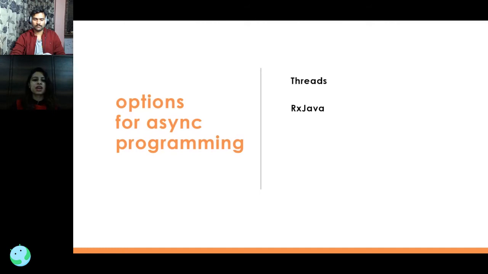Then AsyncTask, everyone's favorite. I am just kidding. This is deprecated as well. The learning curve was pretty easy with it. Adding our code in the background is all it takes to transfer a long calculation to another thread. And the other methods allow us to handle a lot of simple use cases.